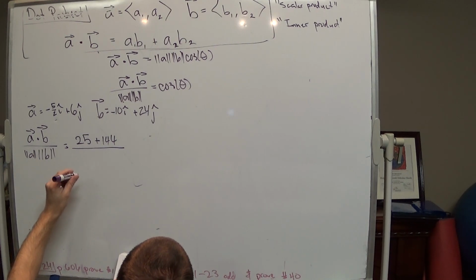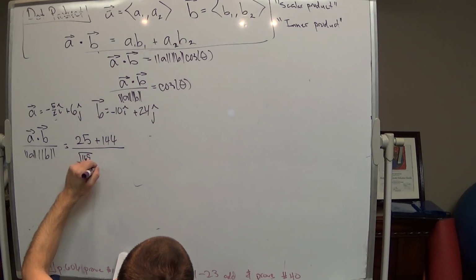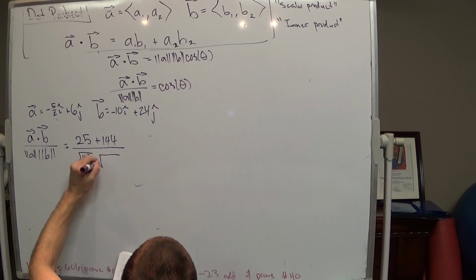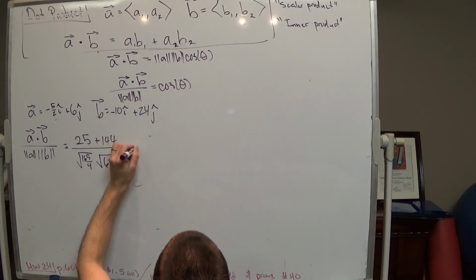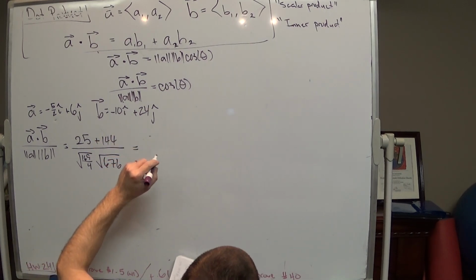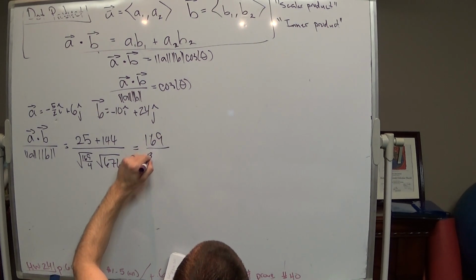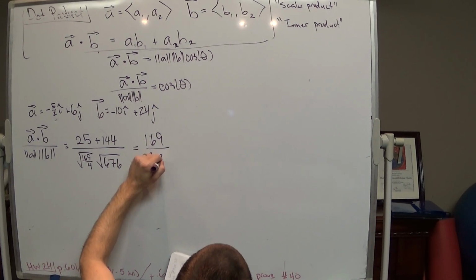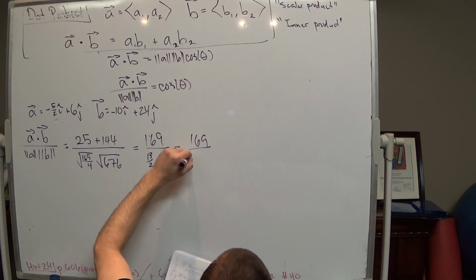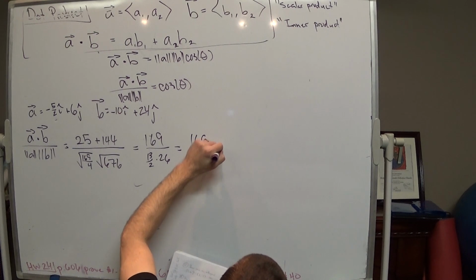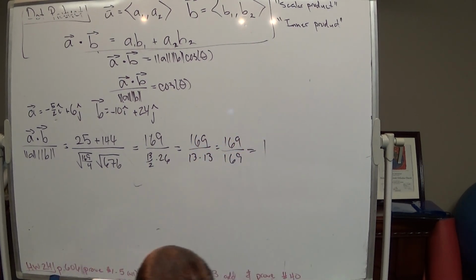On the bottom, this is the square root of 169 over 4 times the square root of 676, which works out to 169 over 13 halves times 26, which is the same thing as 169 over 13 times 13, which is 169 over 169, which is 1.